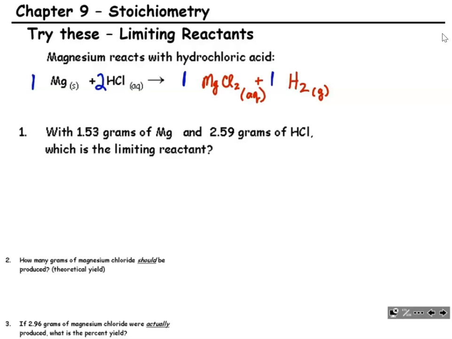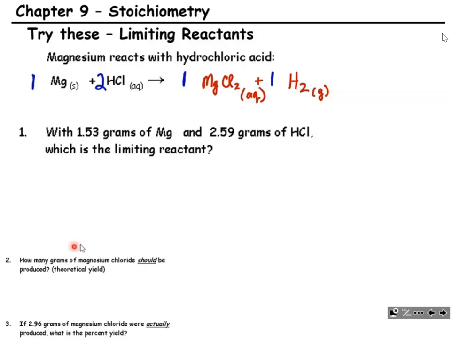In a nutshell, a limiting reactant is the reactant that runs out. Now, sometimes it's really obvious which one's going to be the one that runs out and which one's excess, but in other cases, not so obvious.